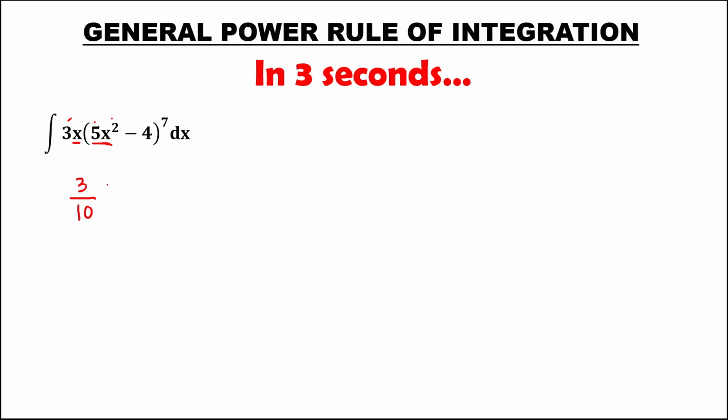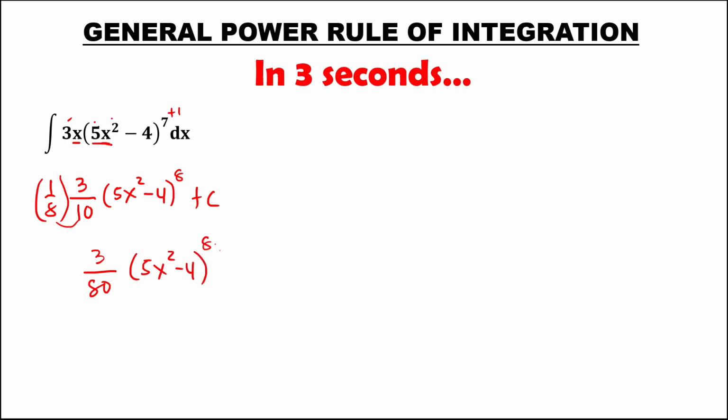So over 10, then times (5x² - 4), then to the power plus 1 for the exponent to the power 8. So therefore, times 1 over 8, then plus c. Then this becomes 3 over 8 times 10, this one is 80. Then that's (5x² - 4) to the power 8 plus c.